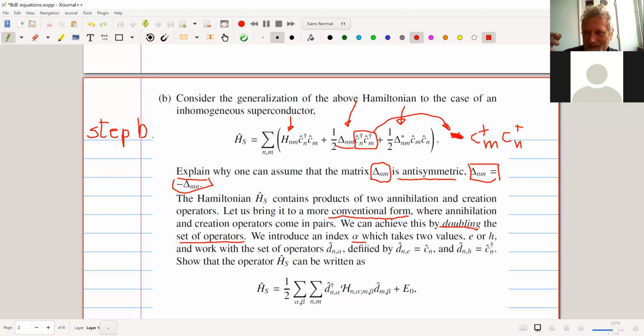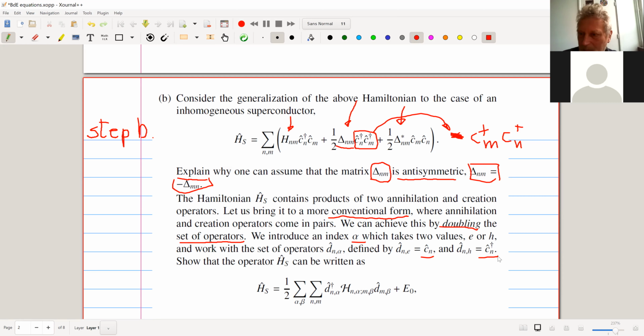It's not self-explaining, but we will see why it is E and H. Right, so this is the set of operators. For electrons, these are creation operators. And for holes, those are annihilation operators.